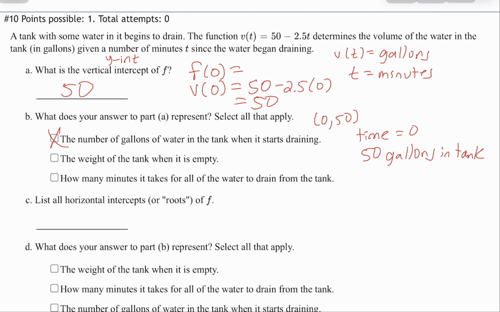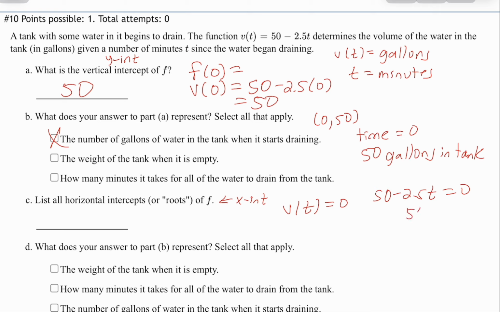Horizontal intercepts or roots, those are our x-intercepts. In that case, we have to find where the function equals 0. So write down your function, set equal to 0, and solve. Sometimes there's more than one, that's why they put intercepts or roots. If there's more than one, separate them with commas. So we're looking for x values, in this case, t values.